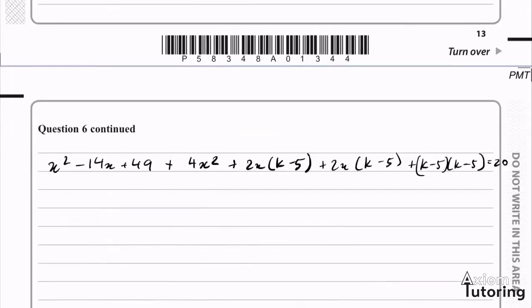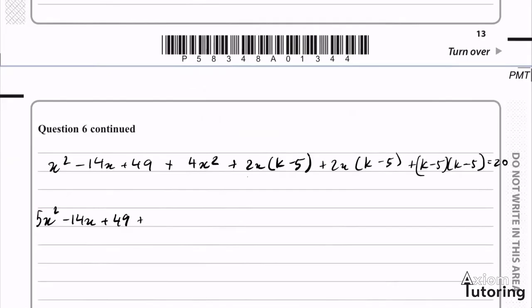Okay, let's try cleaning this up a little bit, and we do still have to multiply out these brackets. So we're getting x squared minus 14x plus 49 plus 4x squared. Well, we can immediately combine x squared with 4x squared, so this is going to be 5x squared.